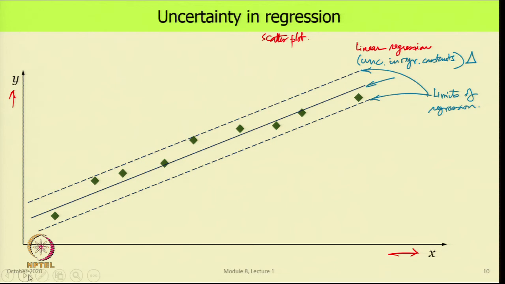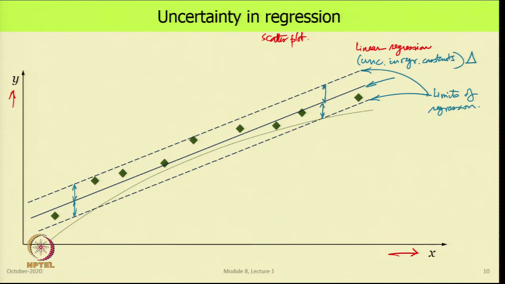It could so happen that, as in this case, these values are identical, the positive side and the negative side, plus minus, at any value of x. They are the same and they are symmetric. But as we have seen in regressions, this may not be the case.